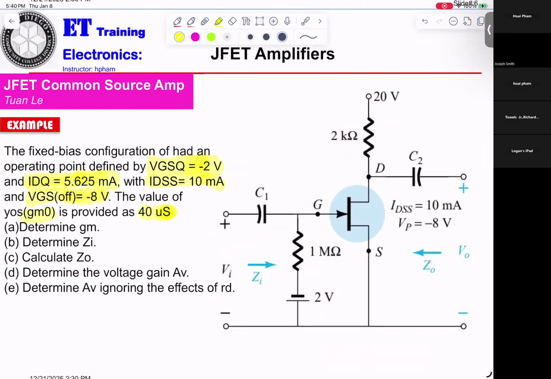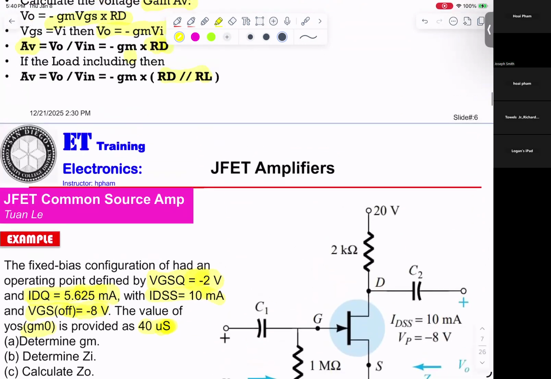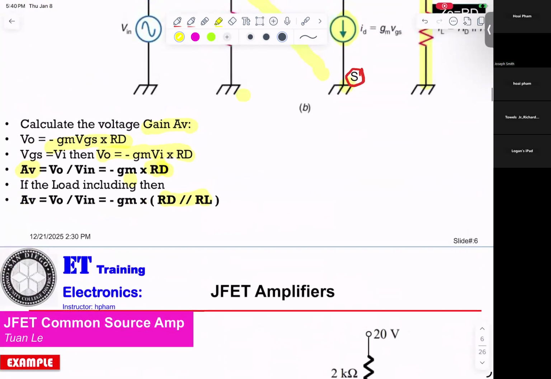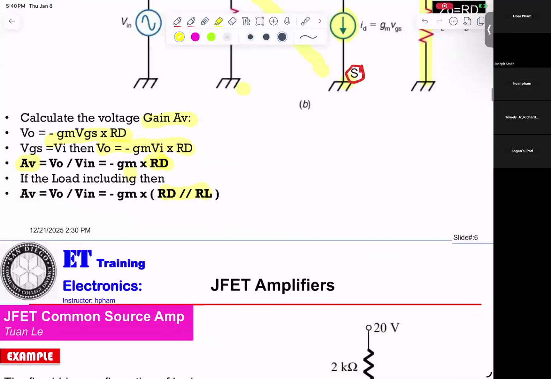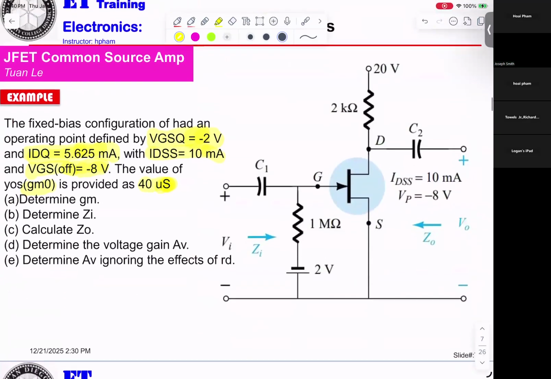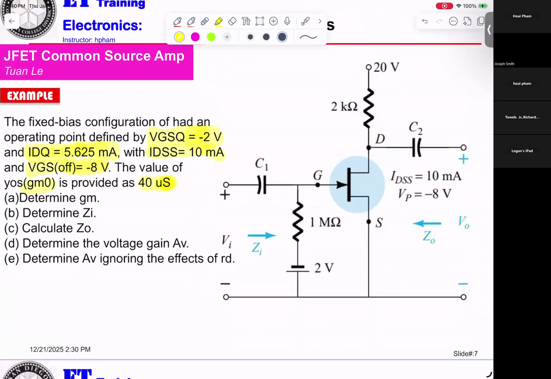And if you want the voltage gain, then you can go into here, the voltage gain AV equals minus gm times RD. And we don't care about part E. They're talking about internal resistance, we don't care about that.